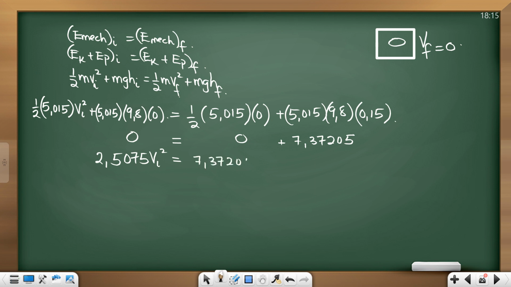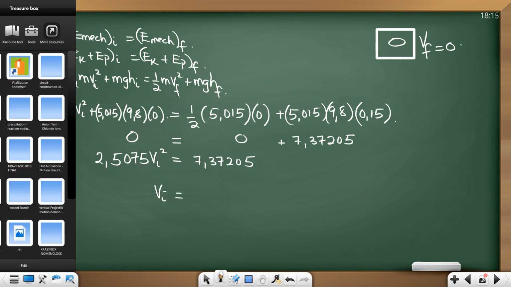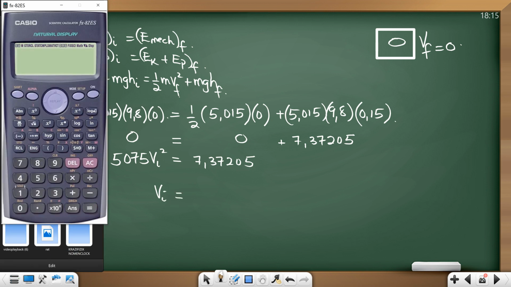What do we do? We divide both sides by 2,5075 and find the square root. Let's check. I hope you know the math, right? So it is 7,37205 divided by 2,5075.